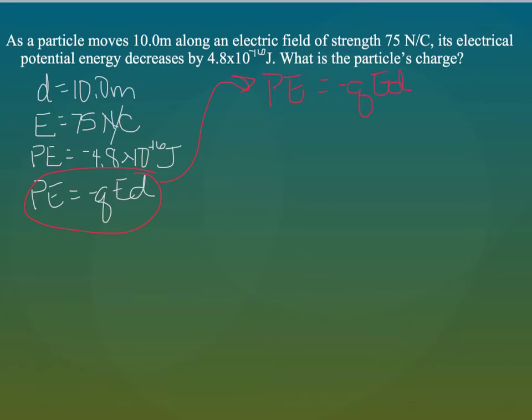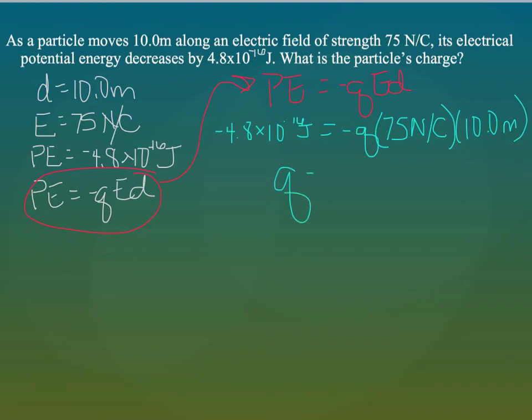Plugging in, PE is negative 4.8 times 10 to the negative 16th joules, which equals negative Q, what I'm solving for, times E, 75 newtons per coulomb, times our distance, 10 meters.